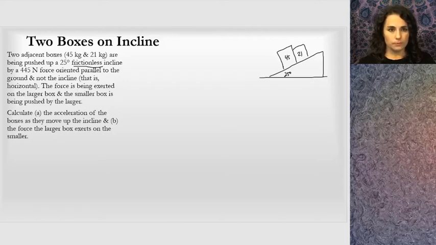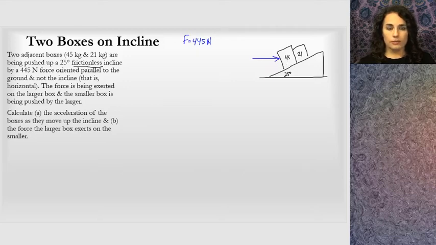So when I put this 445 Newton force in here, and I'm going to just draw it in blue, right? F equals 445 newtons. It says it's being oriented horizontal, parallel to the ground. Not parallel to the incline, but parallel to the ground. So I'll go like this, okay?